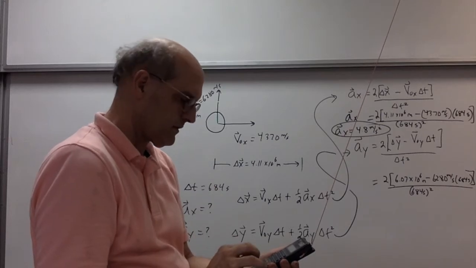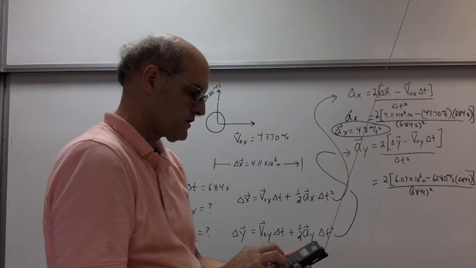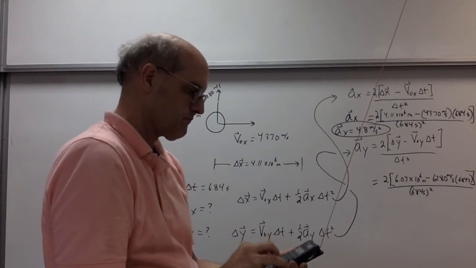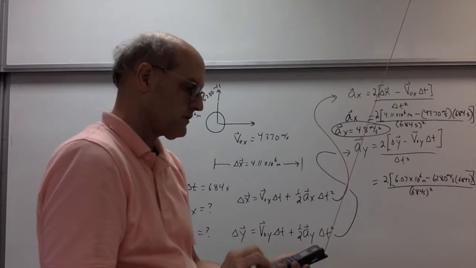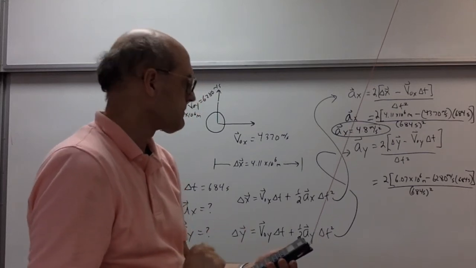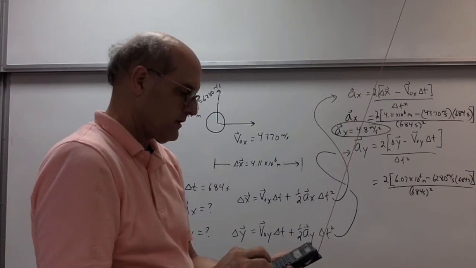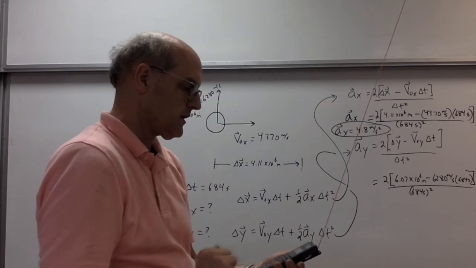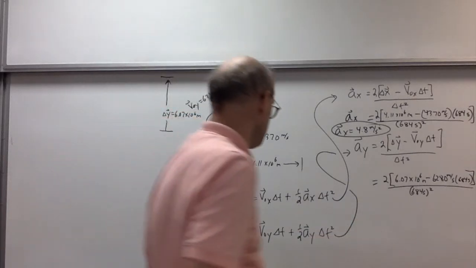Now I multiply that by 2 and divide it by 684 squared, and I get 7.6 meters per second squared.